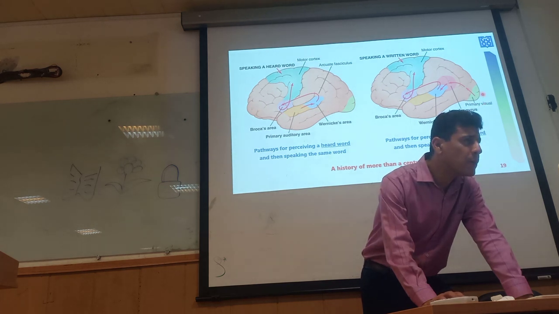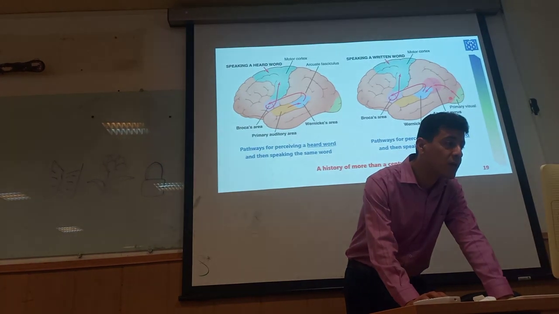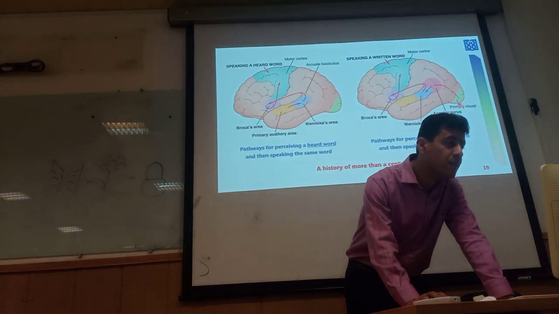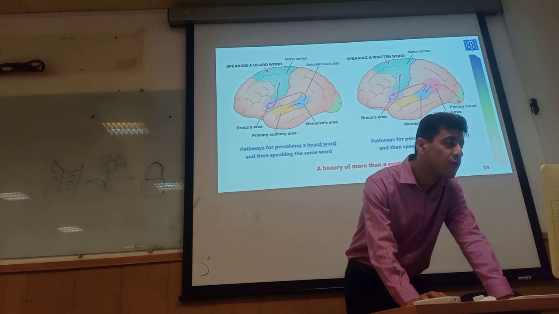But when we read something, we look at the word, we use the primary visual cortex, and information goes into another area called the angular gyrus. It's located in the parietal cortex. From here they go to the Wernicke's area, and everything is the same from here. So we can understand the meaning of the words by Wernicke's area.